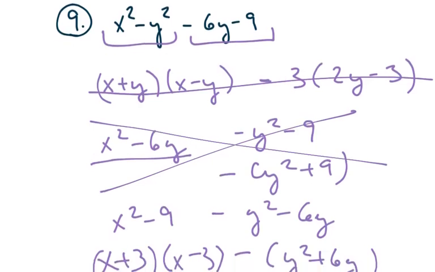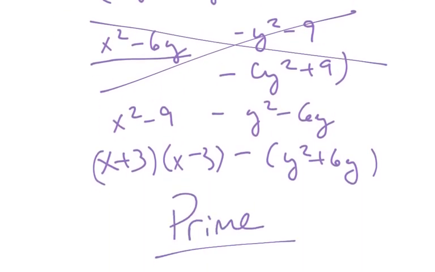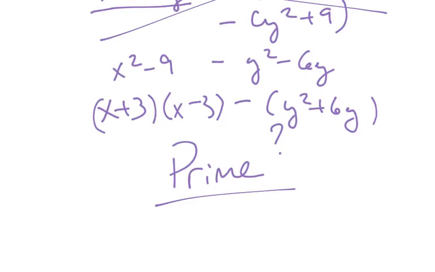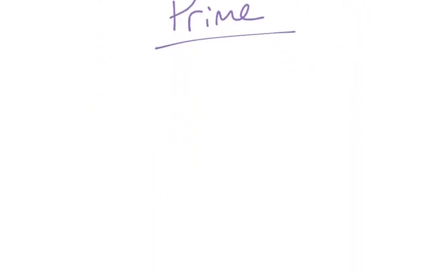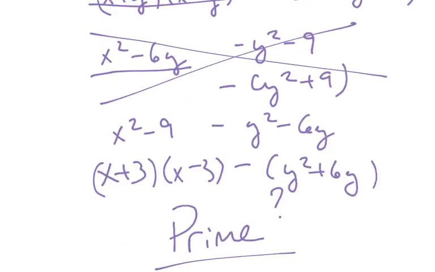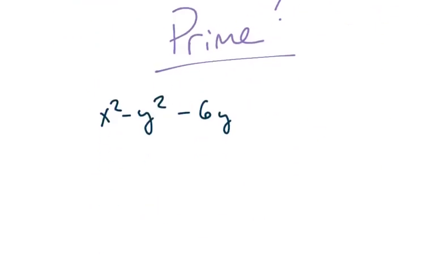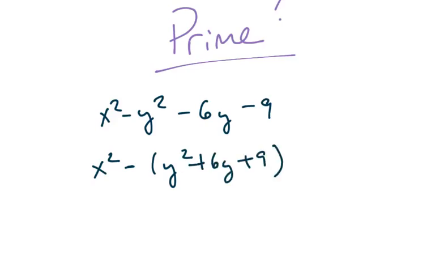So, there's one other situation that can occur here. Maybe it's not prime. Let me rewrite the same value, x squared minus y squared minus 6y minus 9. And this last option is that if I factor out a negative, I get y squared plus 6y plus 9.